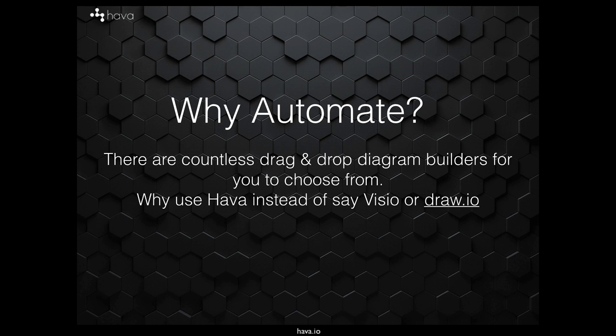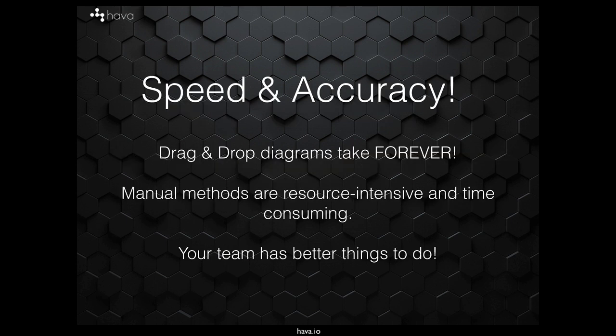So why use automated diagrams instead of traditional drag and drop? Well, I guess there's a number of reasons. Speed and accuracy, obviously. Drag and drop tools take forever. You're basically toing and froing from your network consoles, and then mapping out, drawing, making the connections.